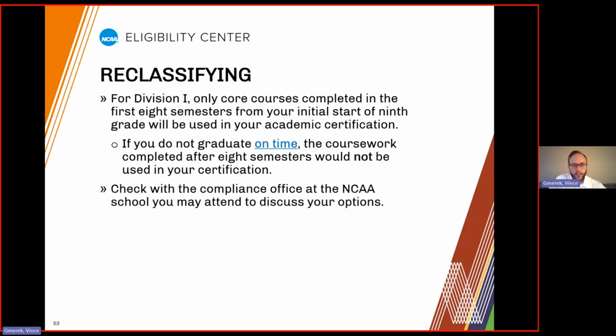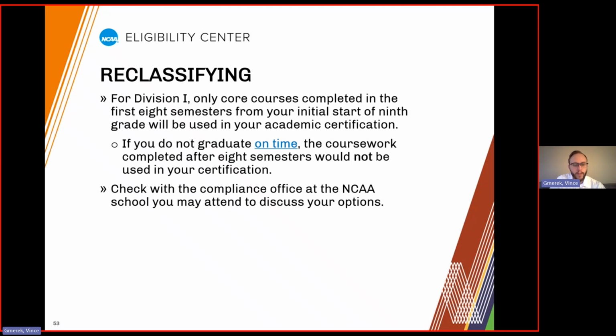So another common word you may hear regarding NCAA athletes is the word reclassify. Reclassify usually means that students are planning on either graduating earlier than they expected to, or later than they expected to, or later than other students would normally graduate in their home country. It's very important for you to understand that changing your graduation date may have a significant impact on your academic and amateurism eligibility.